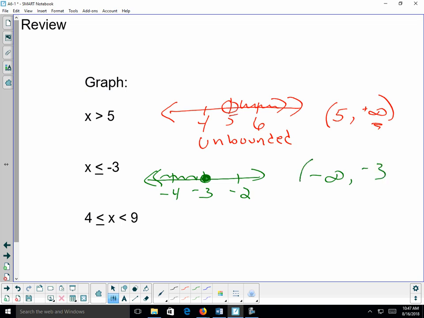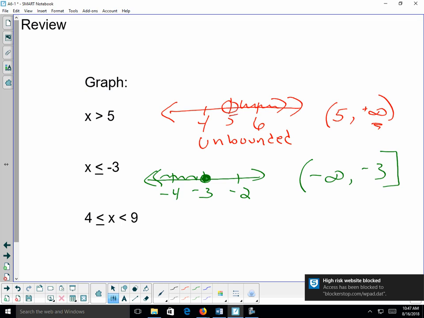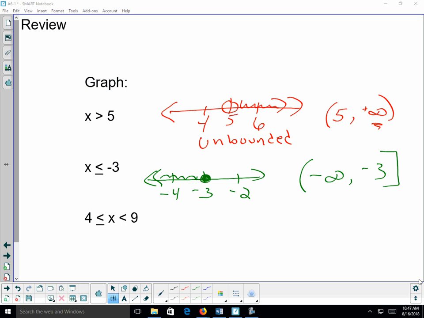Infinity cannot be included, so that'll be a parenthesis. But since my solution actually includes the point -3, I'm going to put a bracket to show that -3 is included. Then if I'm asked to determine whether it's bounded or unbounded, because I include that -3, this is going to be a bounded inequality. That'll become important when we start graphing these.